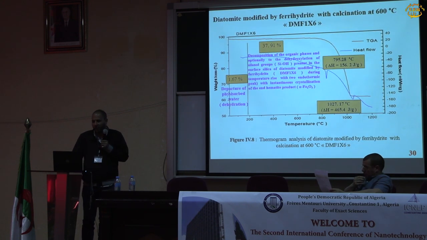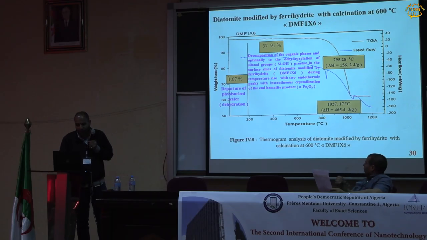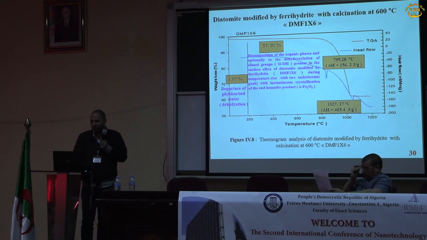And for diatomite modified parfaitite with calcination, in the temperature range between 50 and 1200 degrees.